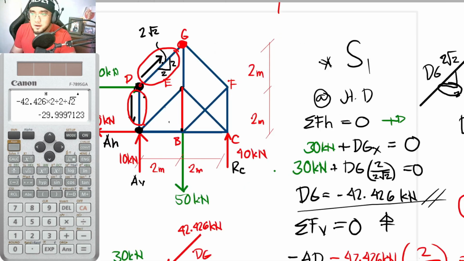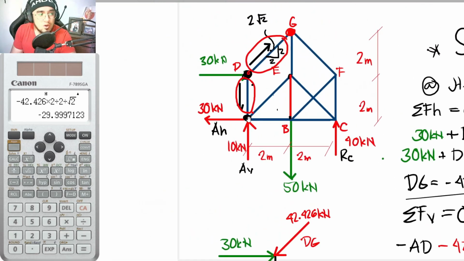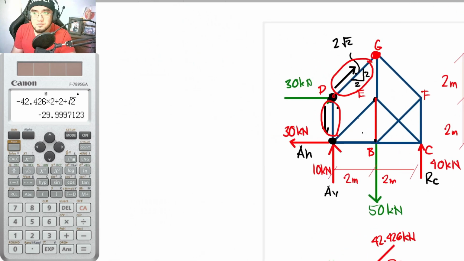Okay, so let us have another example here before I skip. Let's say that we would now be going to joint A. For joint A, what are the forces acting about joint A? Let's say that this is now joint A. We also have a 30 kilonewton load here, a 10 kilonewton load here.